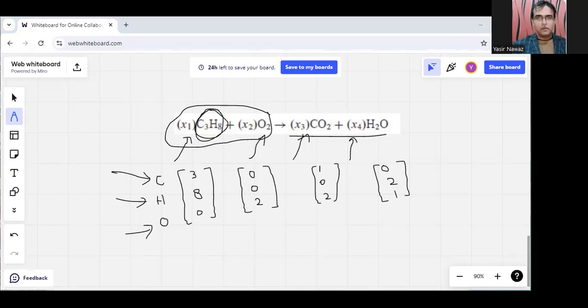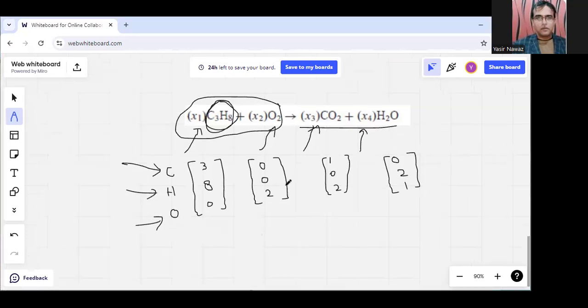These four vectors can be written in equation form. The first will multiply with x1 plus the second will multiply with x2, and this equals x3 plus x4.